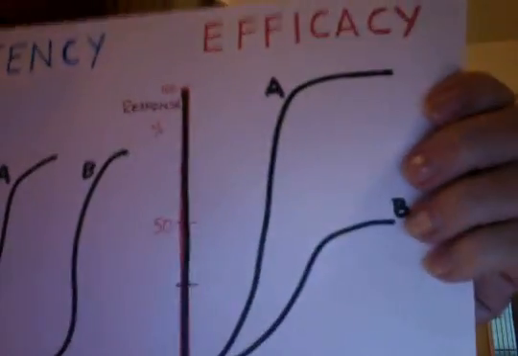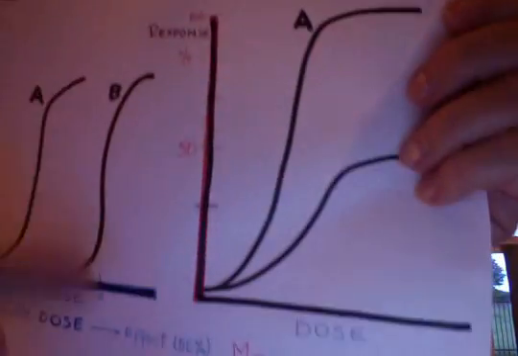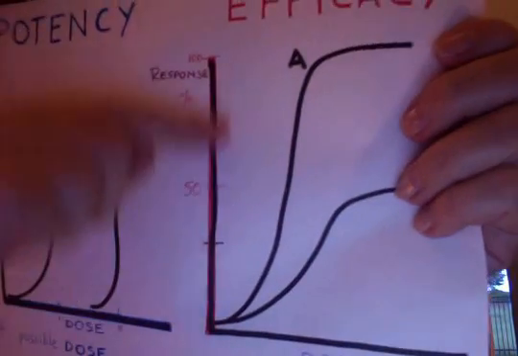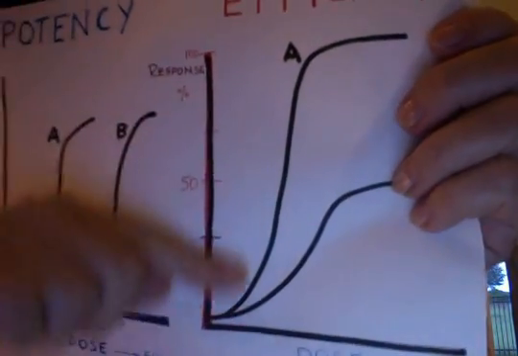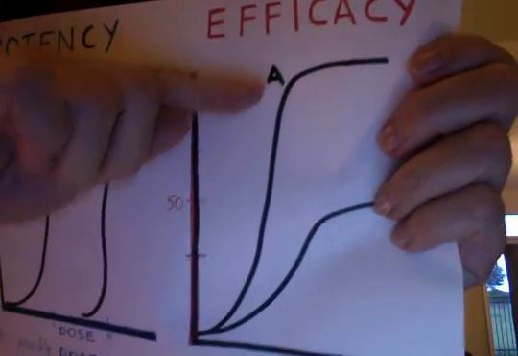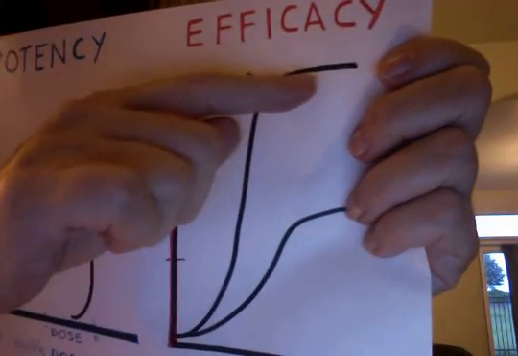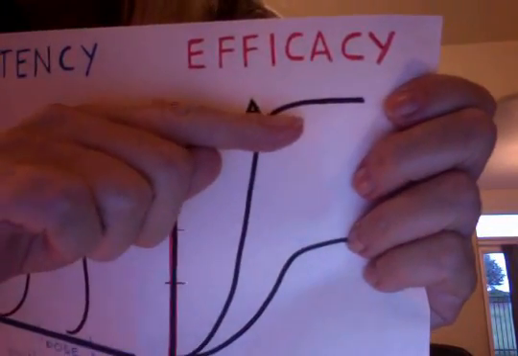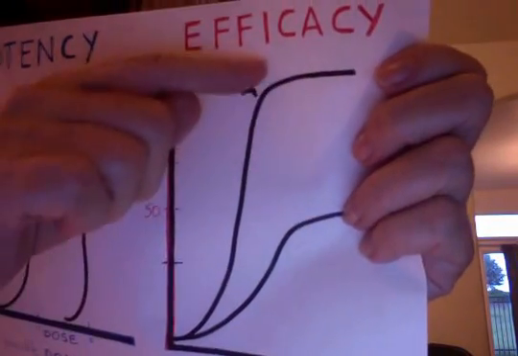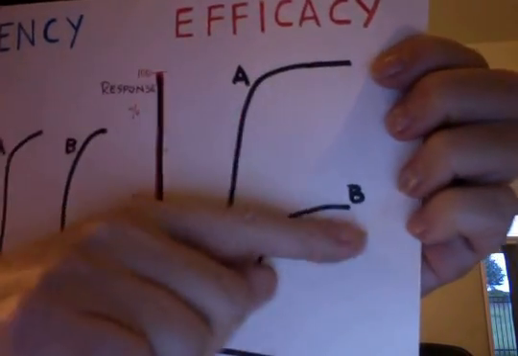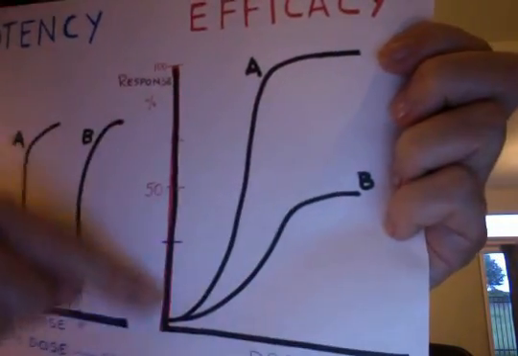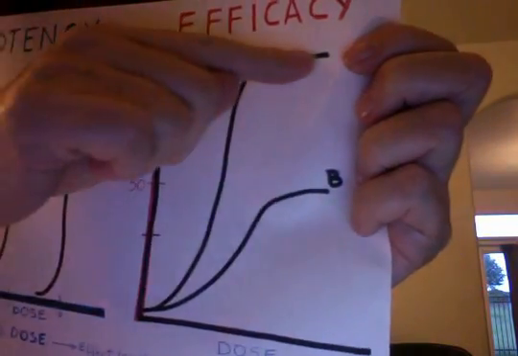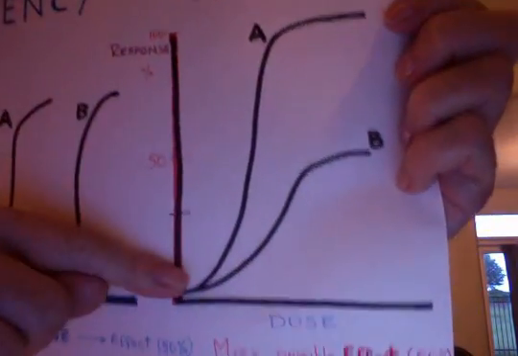In efficacy, we have to look at the y-axis. The higher the curve in the graph, the higher the efficacy. So drug A in this case would be more efficacious than drug B because it is higher on the y-axis.